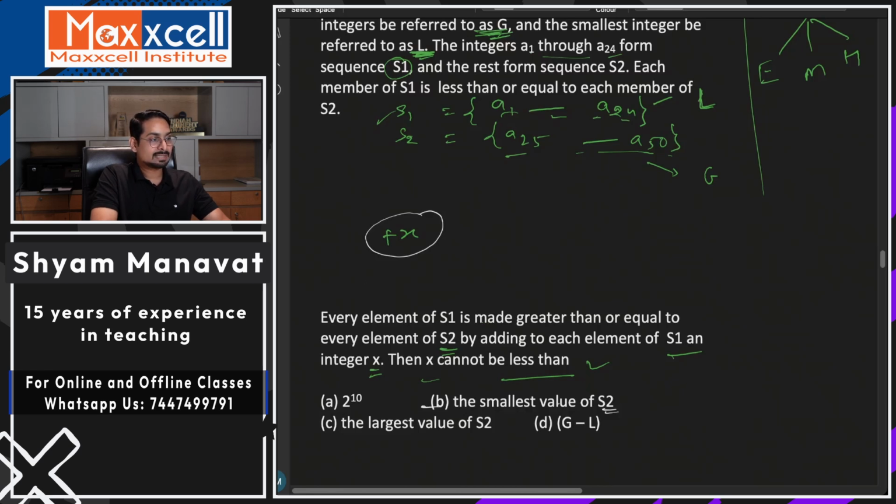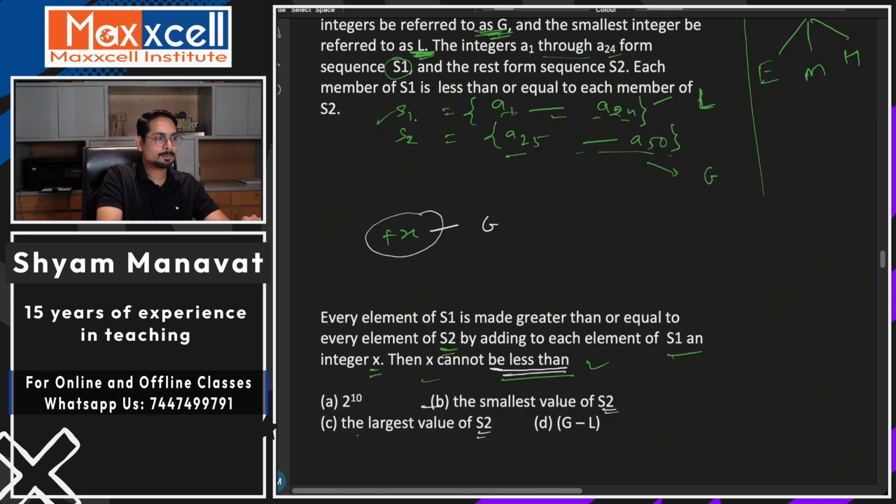C is the largest value of S2, which means x is equal to G. If you add G to each and every element of S1, it is definitely going to be more than S2. But is it the smallest number you can add? The question said cannot be less than, so you need to see what the smallest number is.